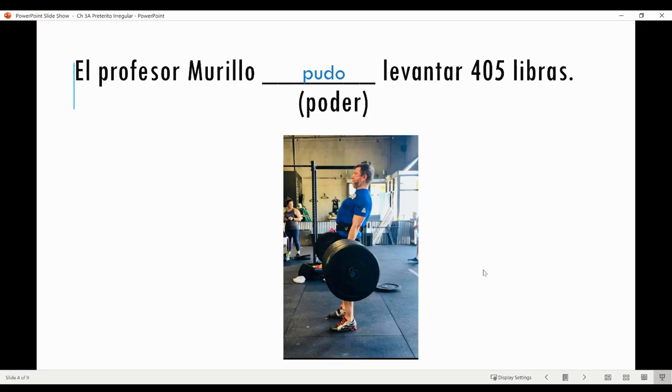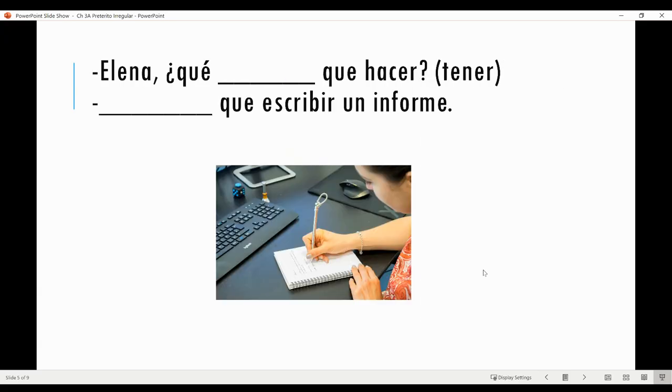He was able to. Pudo. Now asking Elena, ¿qué tuviste que hacer? What did you have to do? What is Elena's response? Tuve que escribir un informe, like I had to write a report. Tuve. For tener, we're keeping the stem tuv, and adding the appropriate endings.